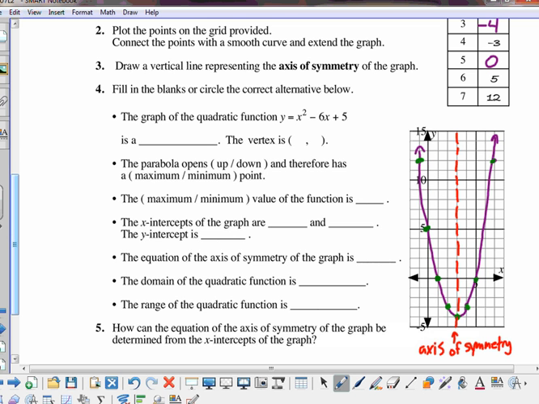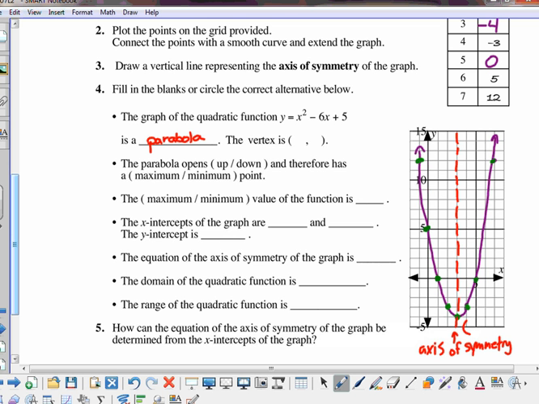Okay, so it says the graph of a quadratic function is a parabola. Yeah, the word parabola. So what's the vertex? What point is our lowest point? So what's x here?